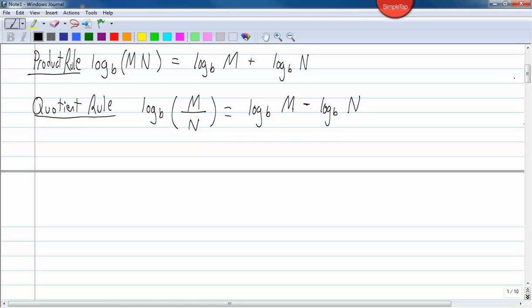And probably the most powerful thing about writing something as a logarithm is the next rule, the power rule.